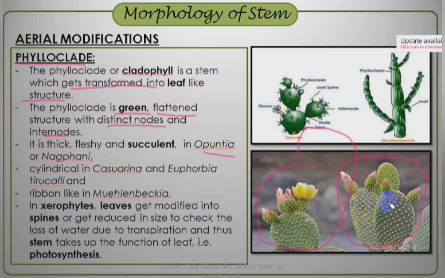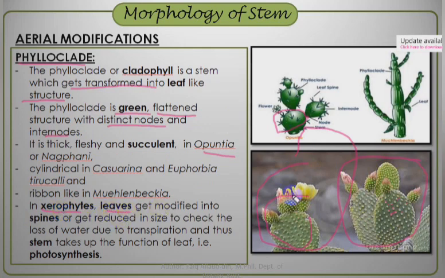The points from which you can see the thorns arising are actually these nodes and internodal parts. And the stem is becoming green and also becoming fleshy. Why is it becoming fleshy? Because such a type of stem is present in xerophytic plants. A xerophytic plant is a plant that grows in dry conditions where there is shortage of water.